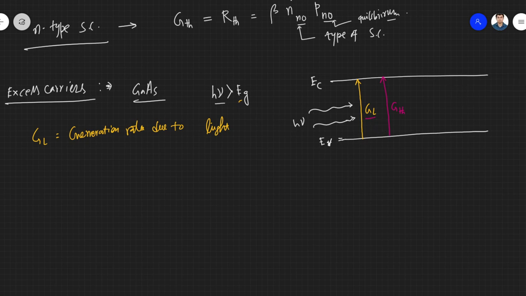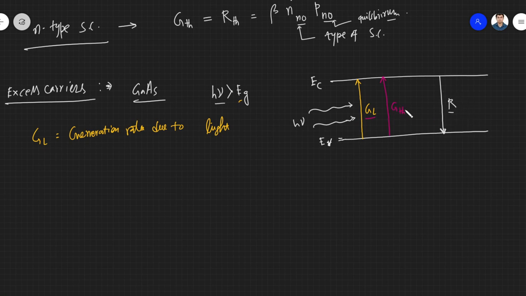But in this system, it is not only generation that takes place. There will be recombination also. When there are electrons in the conduction band and holes in the valence band, recombination takes place in parallel. And this system will attain an equilibrium condition. The recombination rate R will gradually increase, and then it will balance the generation rate.